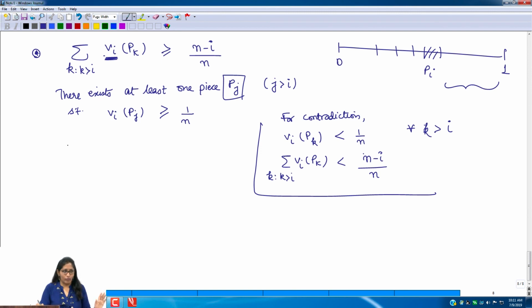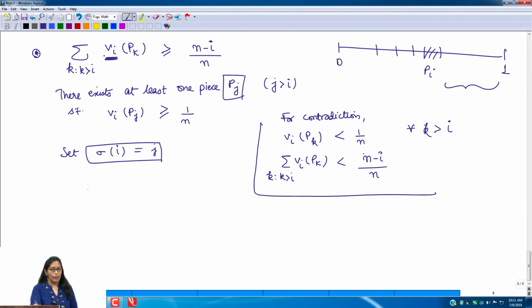One was pi to begin with because he shouted it at iteration i, and the other is pj. I'll have a function sigma where sigma of i would be j, which just represents that for agent i, pj is the piece which he again values at least at 1 by n.